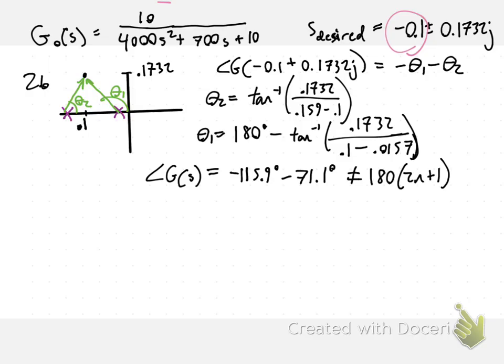We would need to add a 0 in order to cause this to work, and if we do so, we would no longer have a proportional controller. We'd have a PD controller. So the answer to 2b is that no, a proportional controller does not work.